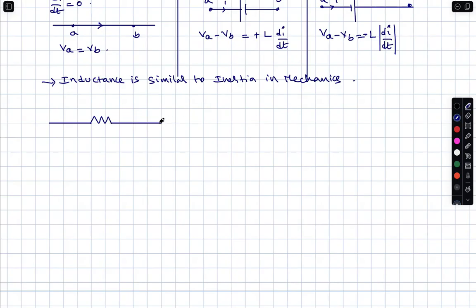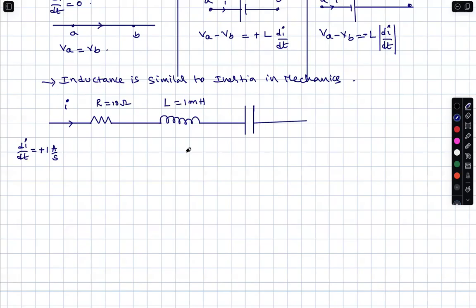You have an arrangement like this, and you have a current with di by dt as plus 1 ampere per second. The resistance is 10 ohm and the inductance is 1 millihenry.